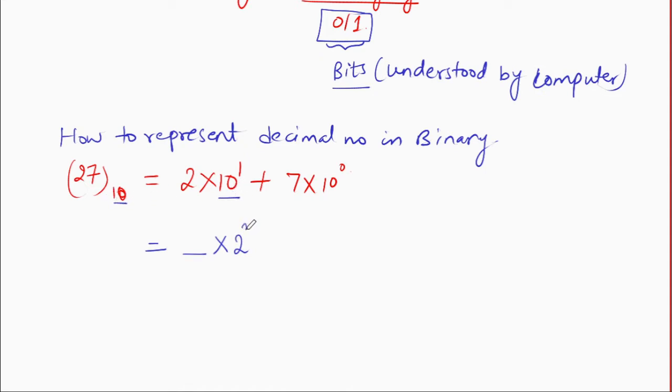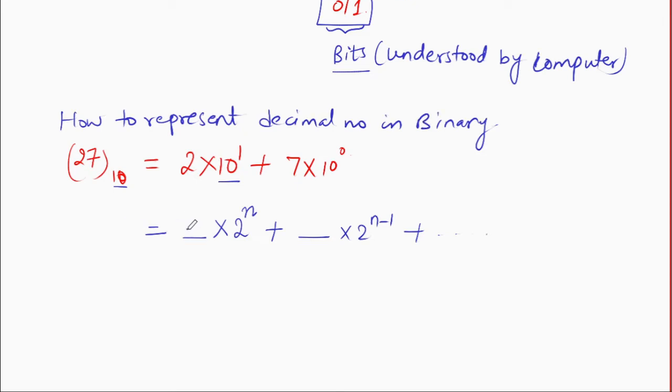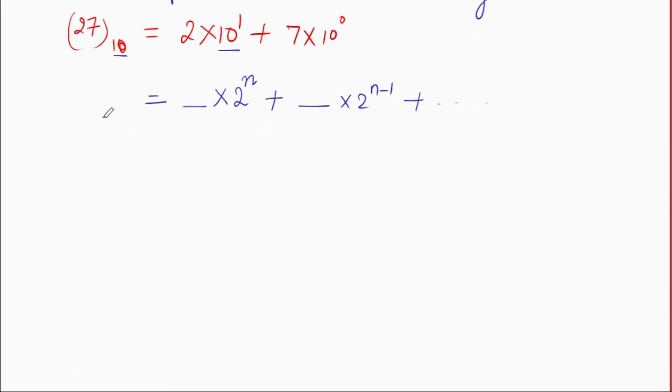So power of 2 plus some value into power of 2 into n minus 1 and so on. This is how it will be represented in binary form. But before that, let us see how to convert this decimal number into binary form.